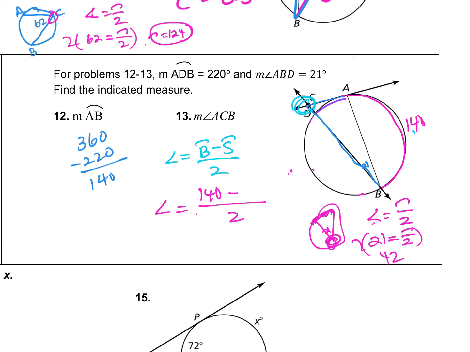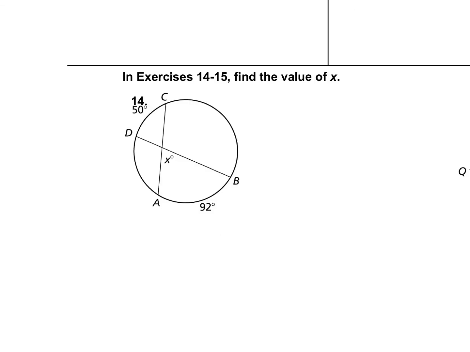So this purple part is 42. So then I'm going to subtract 42. Now I do 140 minus 42. Then divide that whole thing by 2. I get 49 degrees.